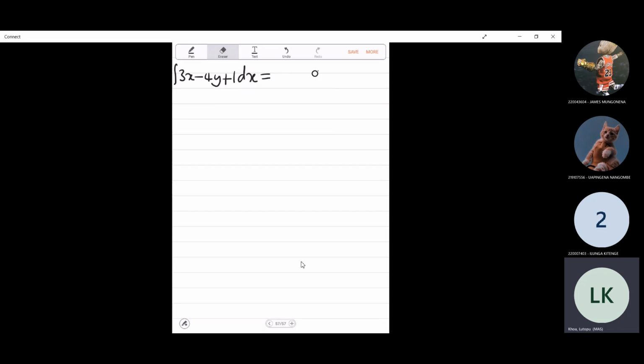Write this. Okay, so we say this is 3x squared divided by 2 minus 4xy plus x, and then I add a function of y. So this part here is part of the solution.